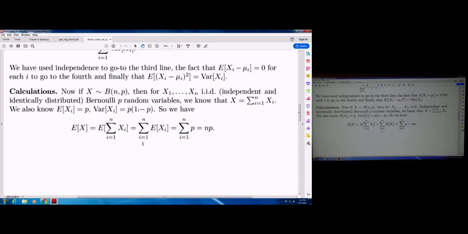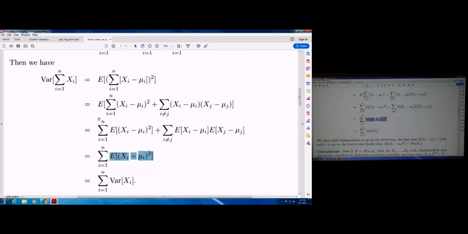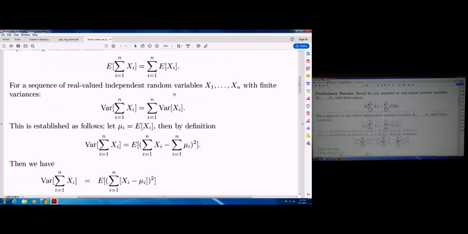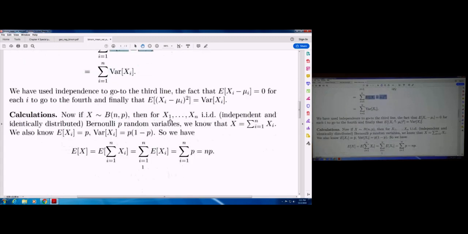Now if I want to compute the expected value of a binomial random variable, the easiest way is to proceed as follows. The expectation of X is the expectation of the sum from i equals 1 to n of the Xi's. We know from the result up here that this is the sum of the expectations.